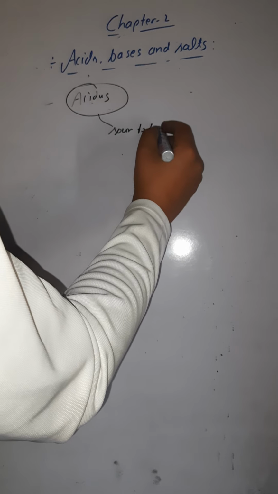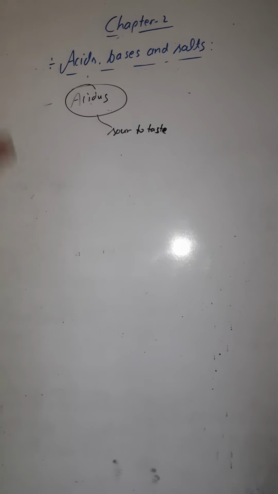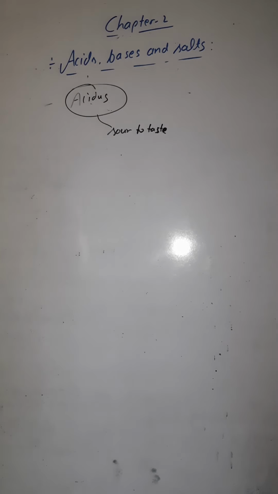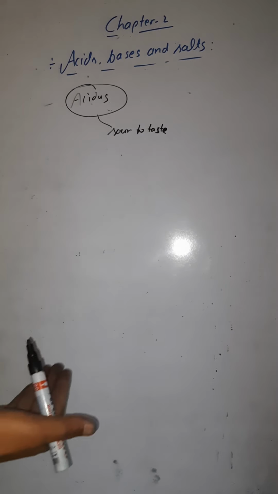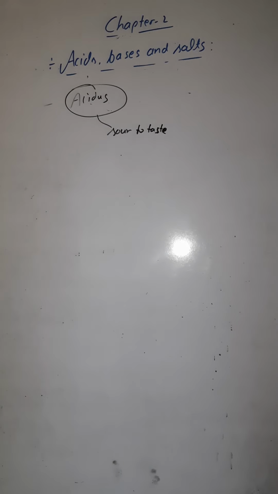Whenever you taste something and it tastes sour, you would say that it contains some amount of acid, and such a substance would be called an acidic substance. So what are the acidic substances? The substances that contain acids, like lemon.